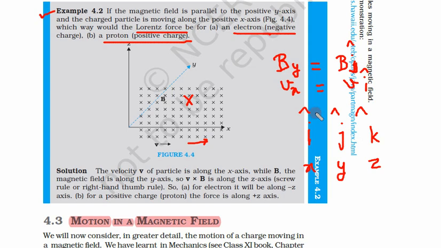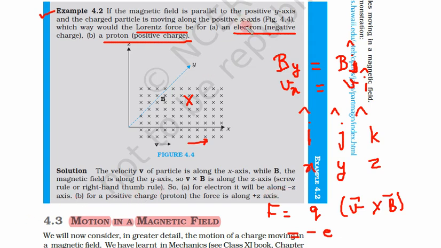Now let us do the multiplication. We know F is equal to q v cross B. This is the equation, q v cross B. Now for the first case, when the charge is negative, that means minus e. For an electron, the charge is minus e.